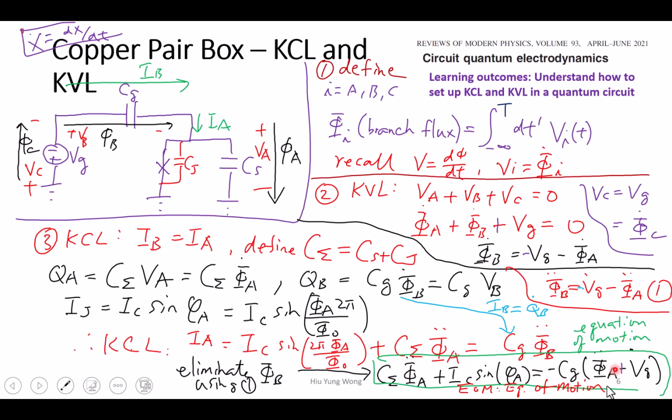That's why we want to substitute it so that I have this equation, just like something times the acceleration, because this is Φ_A double dot, plus something with the position, like this is the potential energy, and then something related to the Φ dot, right? No, this is also double dot.